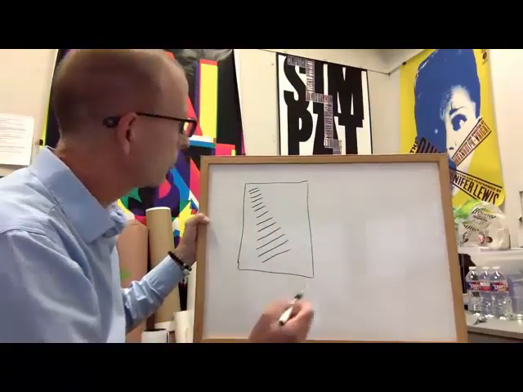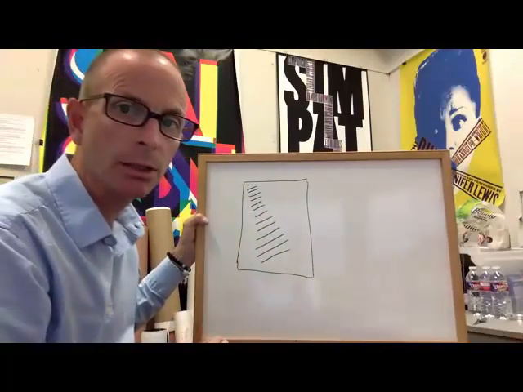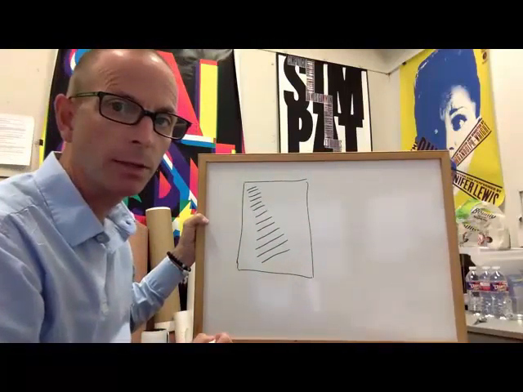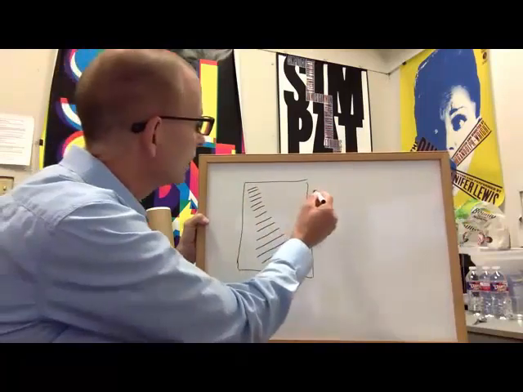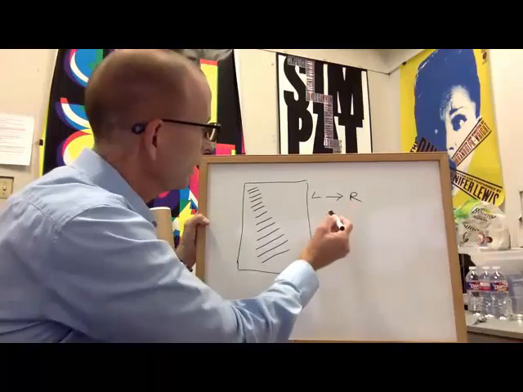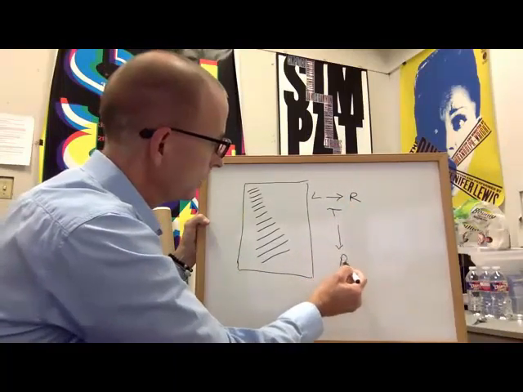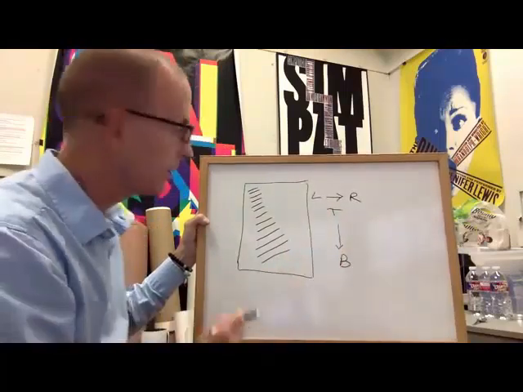I think it's important to understand that when you read any composition, we always read from left to right, and from top to the bottom of the page or the composition.